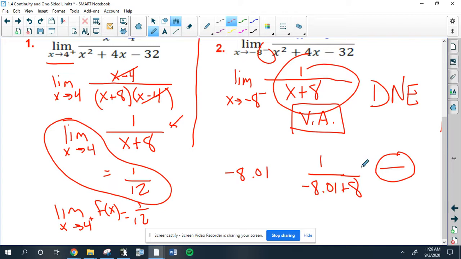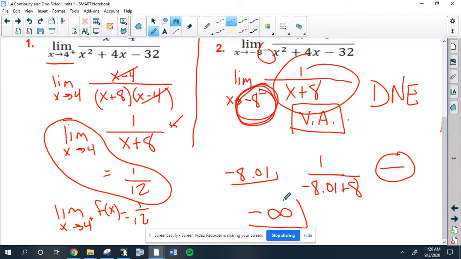So you can say, and this is a legitimate answer to this question because it's one-sided, the answer is negative infinity. You know it's going to be plus or minus infinity because of the asymptote, but if you plug in numerically a number to the left of -8, and you get negative, that's how you can tell it's going to be negative infinity.